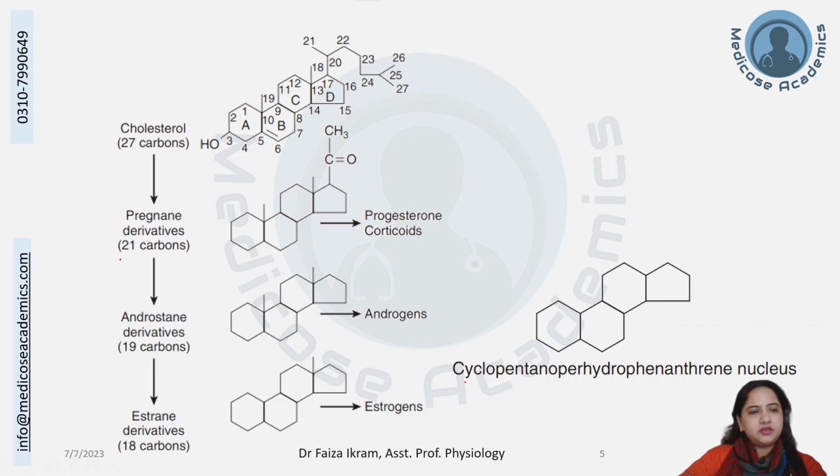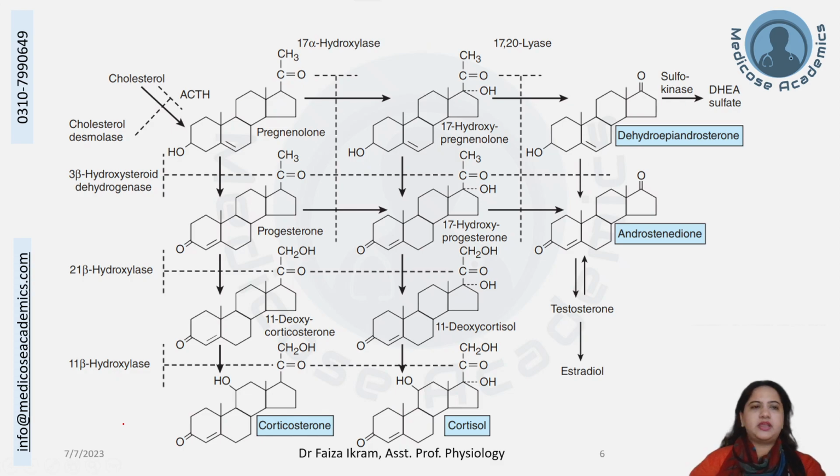One thing you can clearly see here is that glucocorticoids and mineralocorticoids are 21 carbon derivatives. The androgens are 19 carbon derivatives and estrogens are 18 carbon derivatives. Why are we discussing this? This we will look at in this slide.